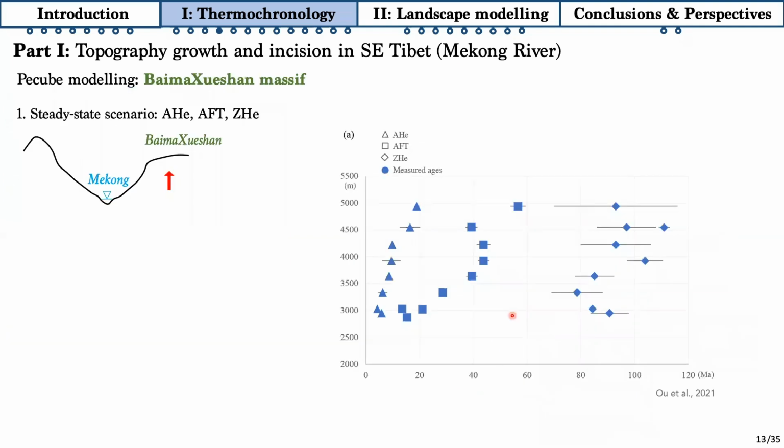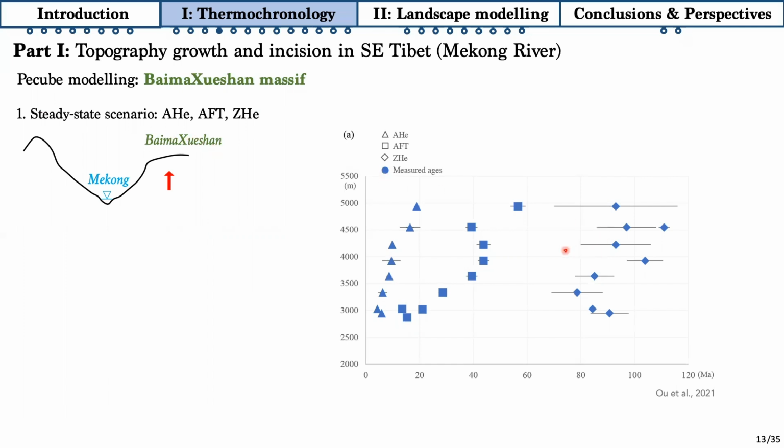So let's take a look first at the Baimei Shishan to the east side, with the old ages marked in blue here. So first of all, I tested a steady state scenario with all the three thermochronometers, which means that they have an unchanging topography.